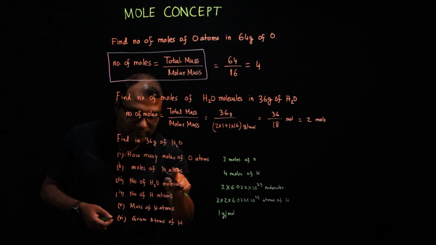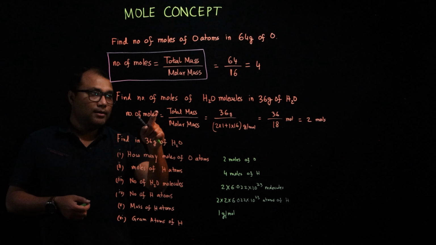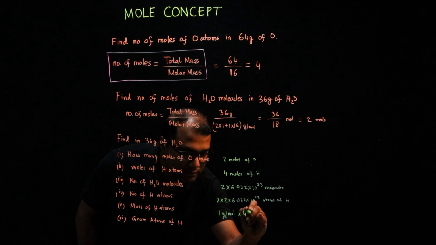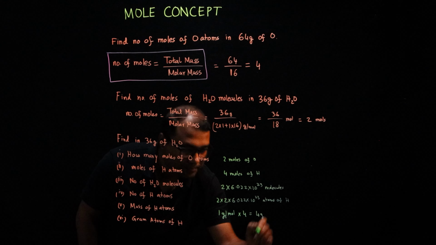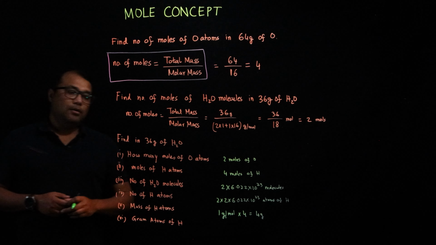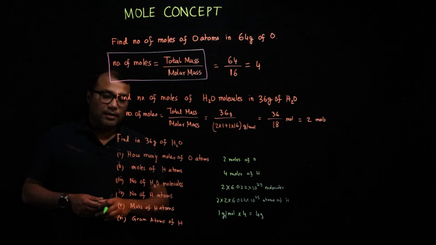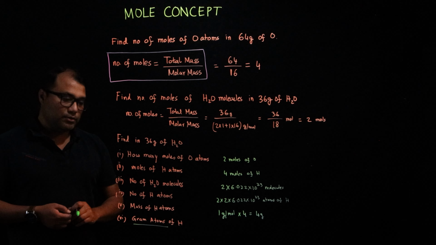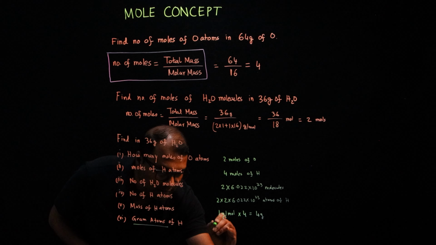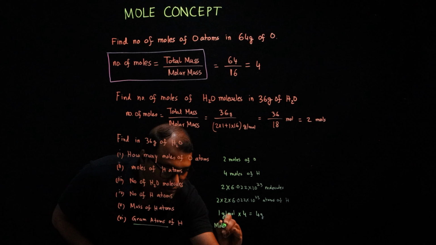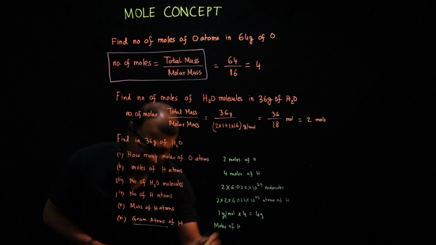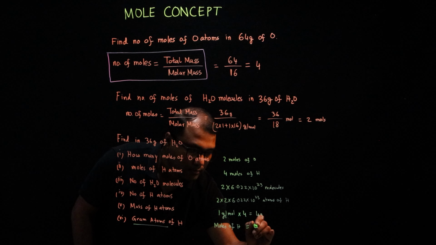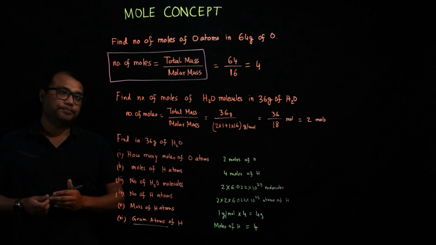There are 4 moles of hydrogen atoms in 36 grams of water, so we have 4 gram of hydrogen atoms. Gram atoms of hydrogen is a new term; it is nothing but how many moles of hydrogen. We have already calculated that it's 4.